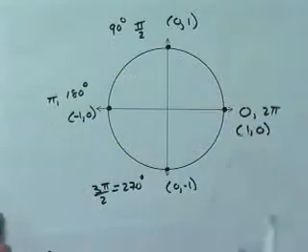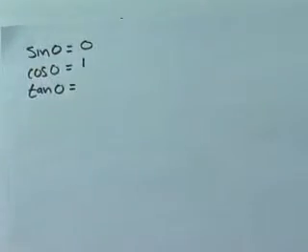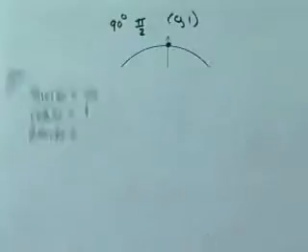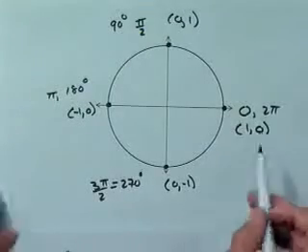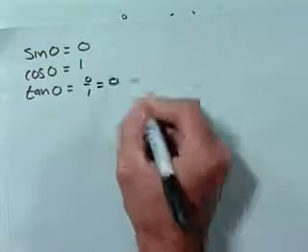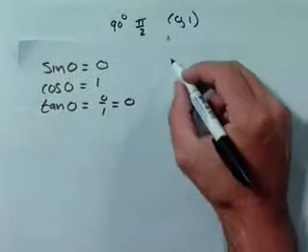The x-coordinate is 1. Okay. Tangent of 0, that's the y-coordinate over the x-coordinate, which equals 0.